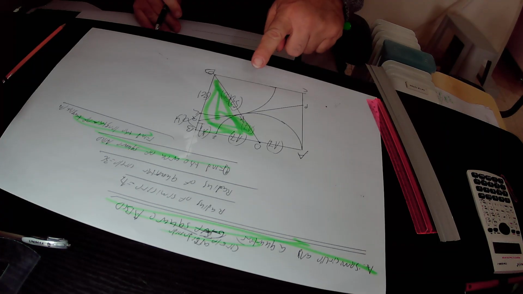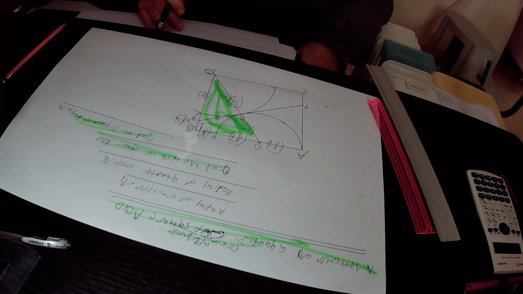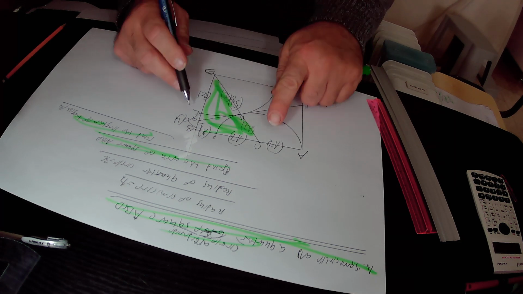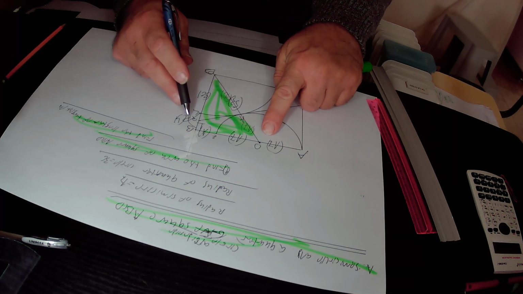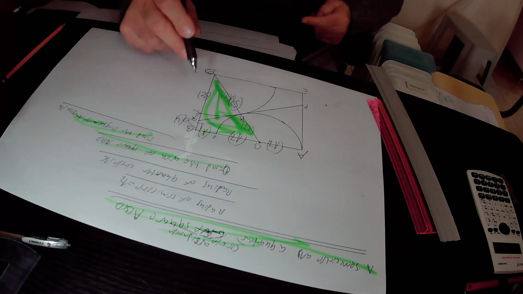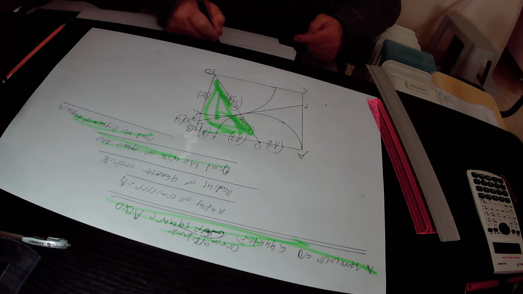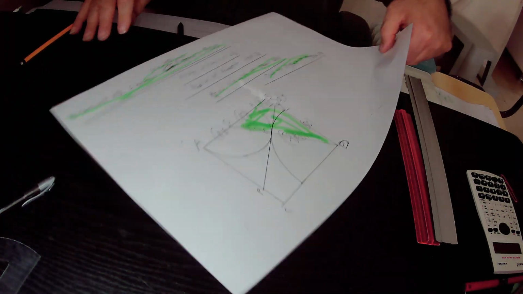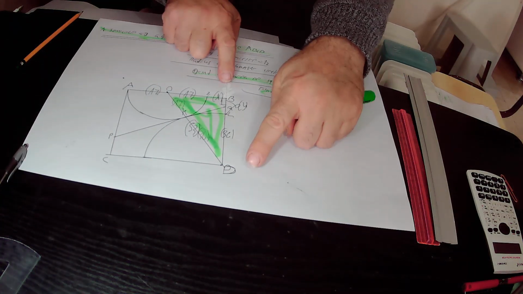OD is 53, therefore OD squared is 53 squared. 53 squared equals 2,809, and is equal to OB squared. OB in total is x plus 17, therefore OB squared is (x plus 17) squared, plus BD squared.